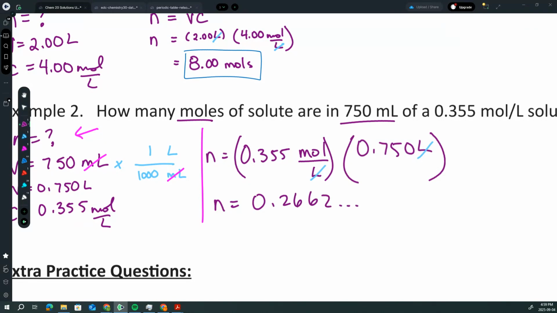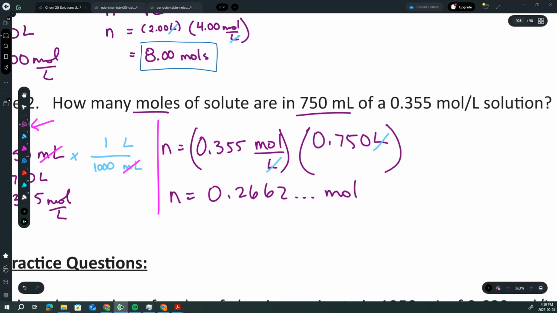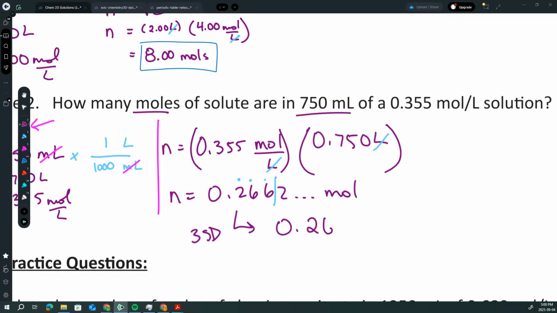The number keeps on going. And that's moles. And looking at our given numbers, they're both in 3 significant digits. So if I count from the left, starting at the first significant digit, 1, 2, 3, so there's my cutoff line. So my final answer is going to be 0.266 moles.